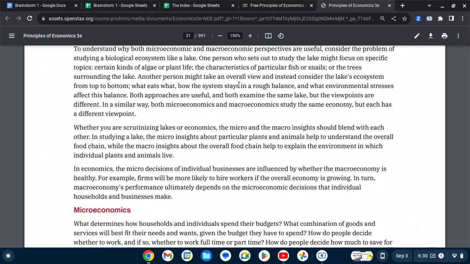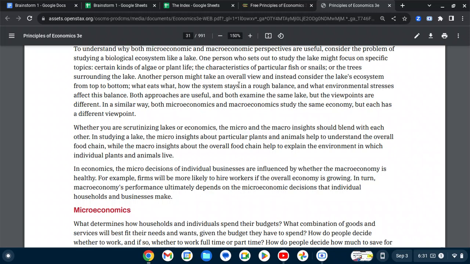To understand why both microeconomics and macroeconomic perspectives are useful, consider the problem of studying a biological ecosystem like a lake. One person who set out to study the lake might focus on specific topics, certain kinds of algae or plant life, the characteristics of particular fish or snails, or the trees surrounding the lake.